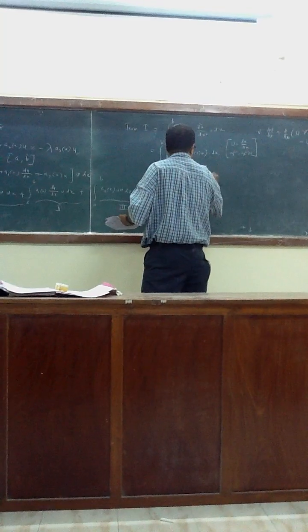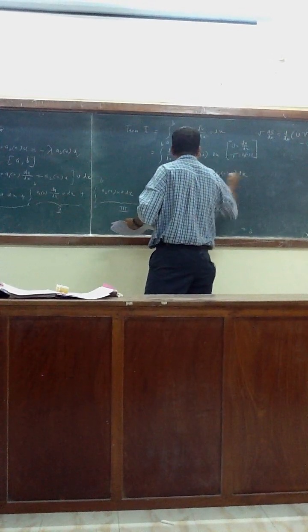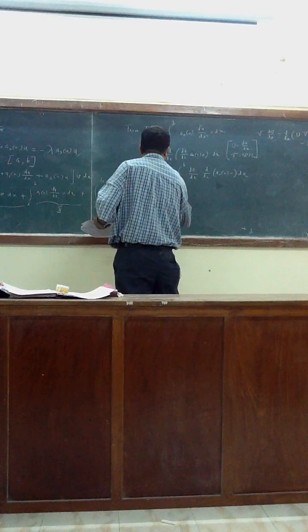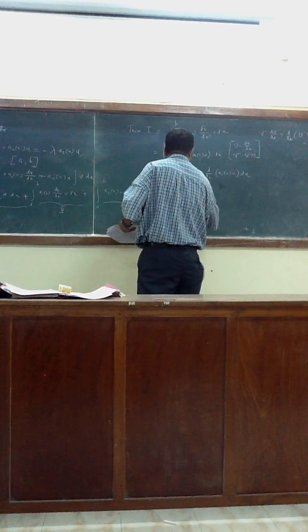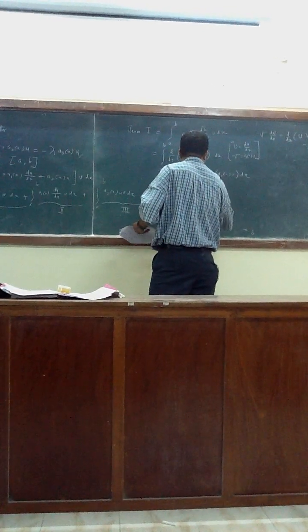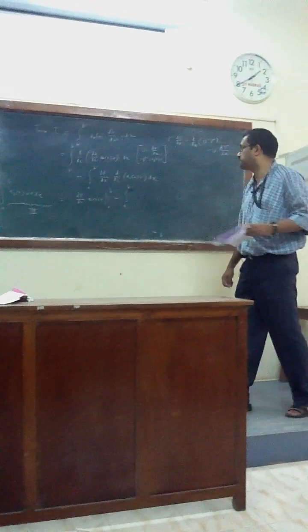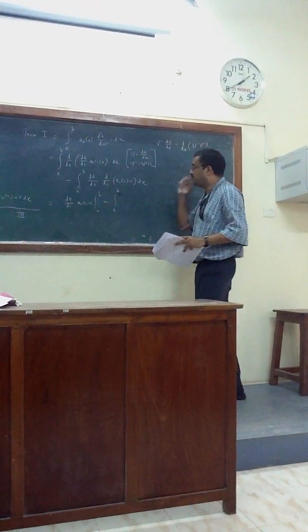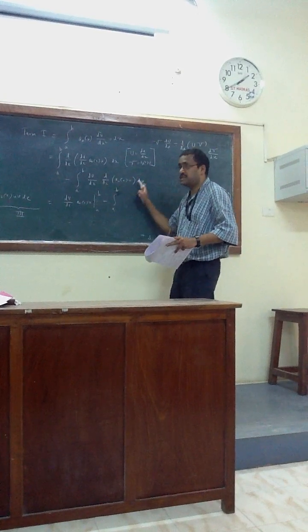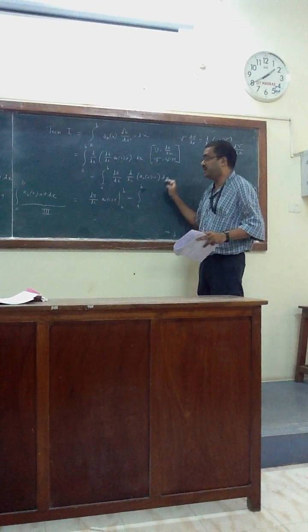Next step is du by dx a0(x) v from a to b, minus integral a to b. Which is u, which is v? Remember that this derivative has to increase. That means this entire thing has to be v, and this is of course u.